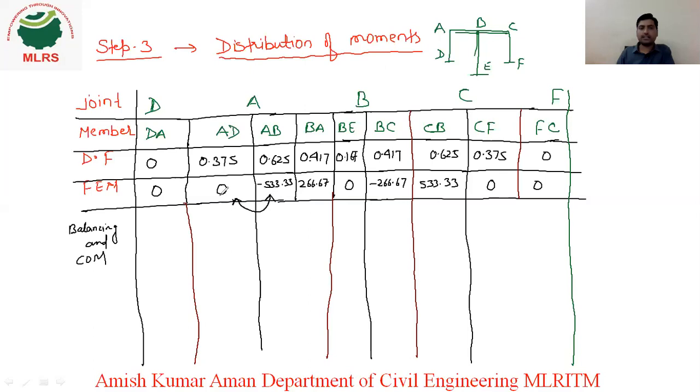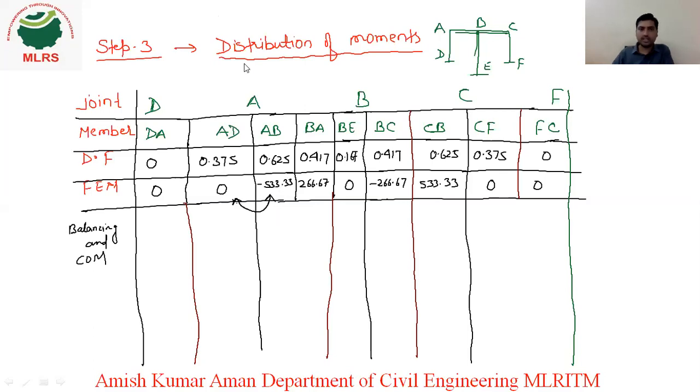We need to add them and distribute them according to the distribution factor, because here it is 0, no need to do anything, it will be 0 again. After adding we need to distribute. If we add, we will get minus 533.33, and we change the sign because we are distributing it according to the distribution factor, and 0.375 of this value will be here and 0.625 of this value will be here, but with opposite sign.